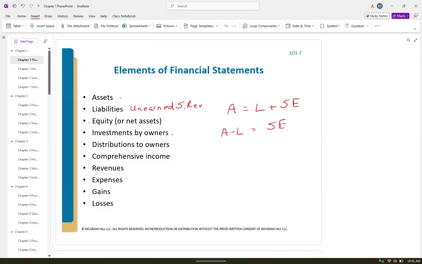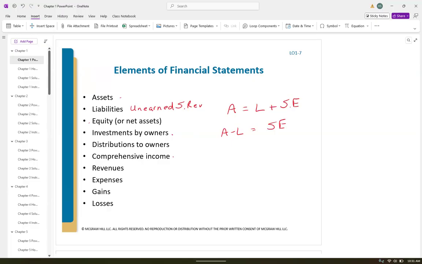Okay. Comprehensive income. This is probably the first time you've heard of comprehensive income. We will get into it a little bit more. It's sort of a pocket to put some things that really can't go to the income statement yet. But it sort of gets held up into comprehensive income and that stays in the stockholders' equity.